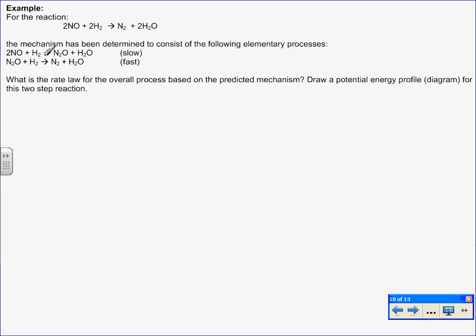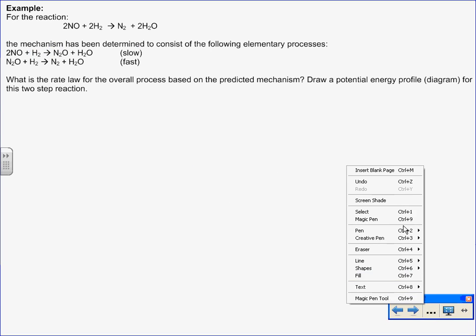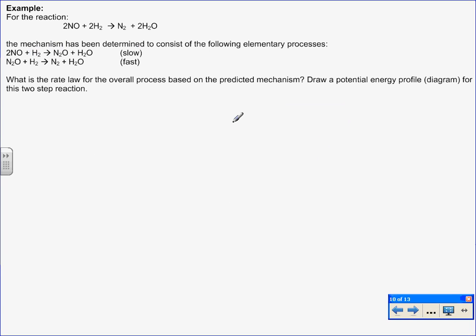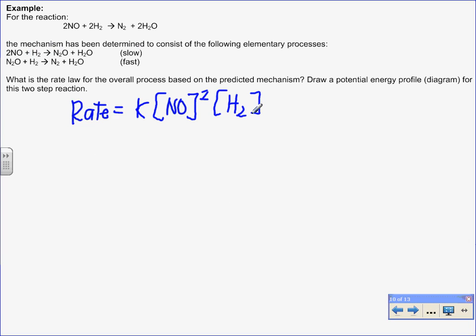So what that means is that the rate law is rate is equal to k times the concentration of NO squared times the concentration of H2.